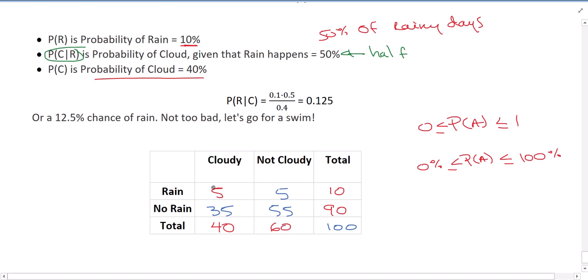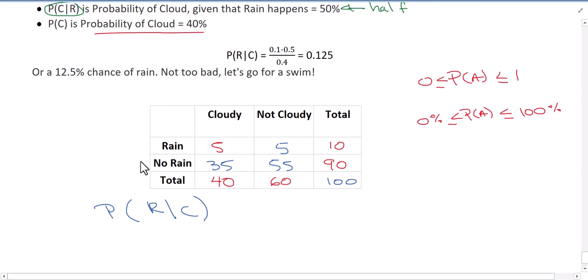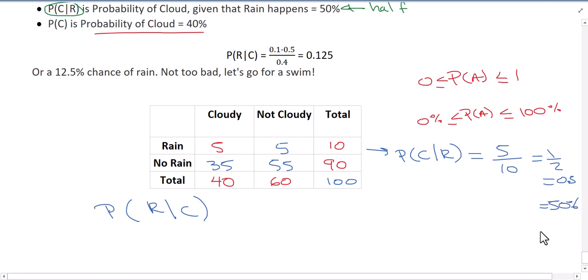Okay, so now from the table, I'm looking for the probability of rain given cloud. And just to double check, notice that if I want the probability of cloud given rain, this will mean that I want the probability that it is cloudy, so that's 5%, out of the total rainy days. So 5 out of 10, which is 1/2, which is 0.5, which is 50%, right?